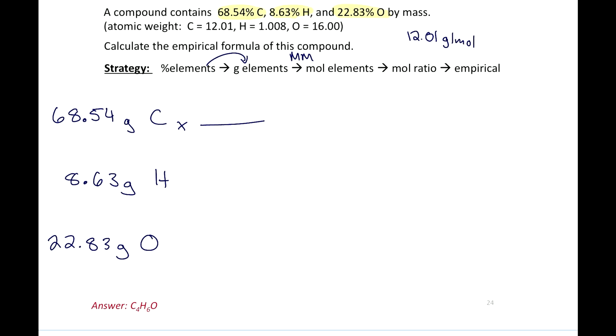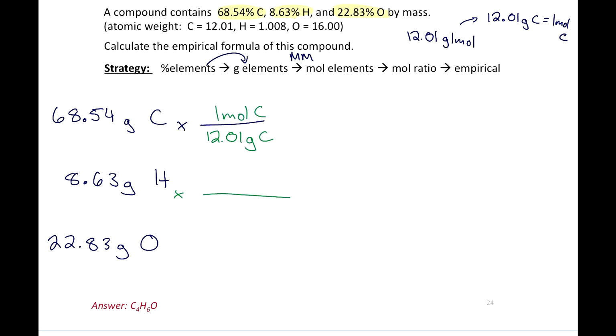If we convert that into an equality, it means there is 12.01 grams of carbon in 1 mole of carbon. So where am I going to put the 12.01, on the top or the bottom? On the bottom, yes, because right now I'm in grams and I want to cancel that out. So 12.01 grams of carbon goes on the bottom, 1 mole of carbon goes up top.